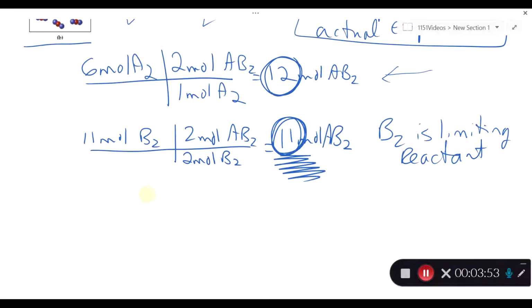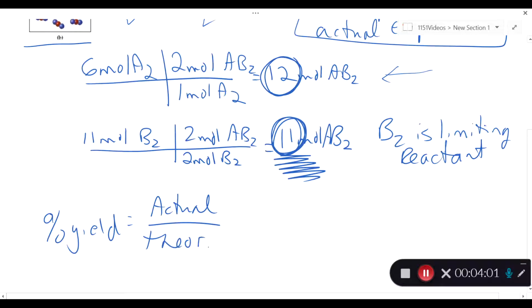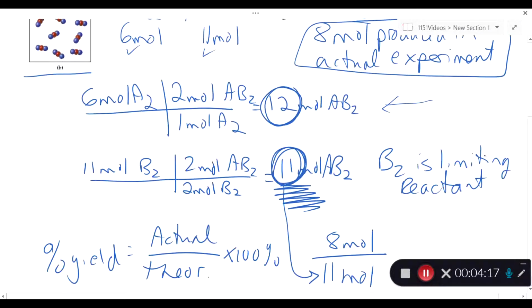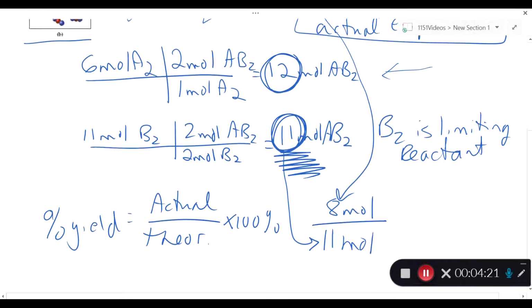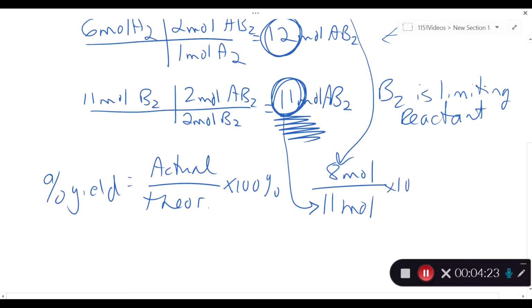Okay, so percent yield is our actual divided by theoretical, times 100%. So that is actually 8 moles divided by the 11, that's where that number comes from. And 8 came from above, given in the problem. So that's where those numbers are coming from, times 100%.